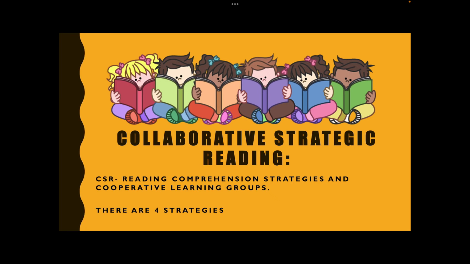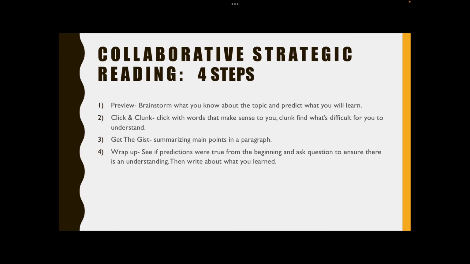The cooperative learning groups is because this one you do with a group. Some we will do as a class, and some you will do in smaller groups, like 4 to 5 people, and some even smaller than that, like 2 to 3 people. So first we're going to talk about the 4 steps.